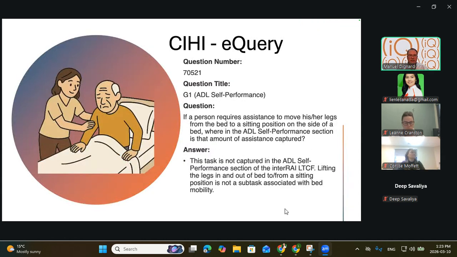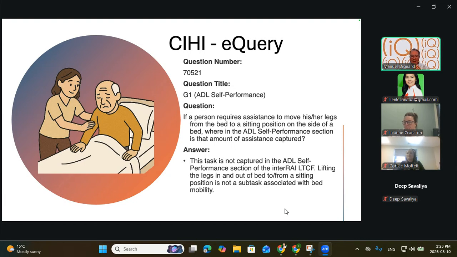So here's an e-query that we pulled out from the system. If a person requires assistance to move his or her legs from the bed to a sitting position on the side of a bed, where in the ADL self-performance section is that amount of assistance captured? So what they answered here is this task is not captured in the ADL self-performance section of the Inter-IL TCF.